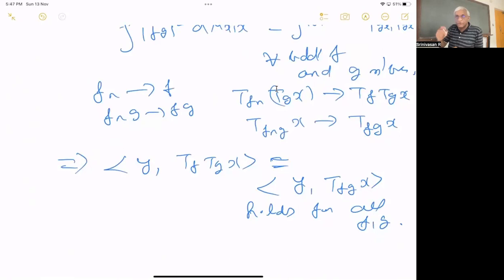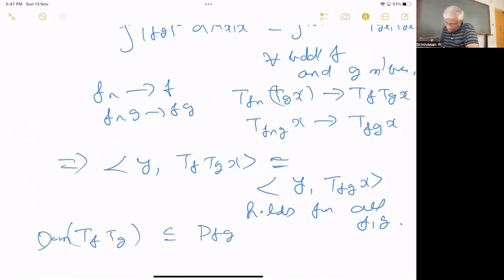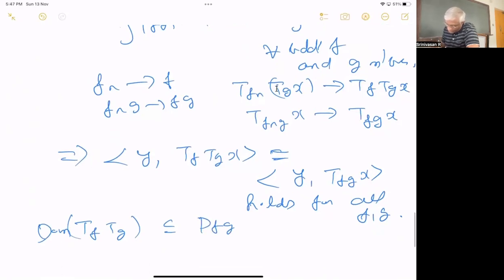I mean, you are right. So this implies the domain of T F T G is contained in the domain of F G, and T F T G X is equal to T F G X for all X in the domain.